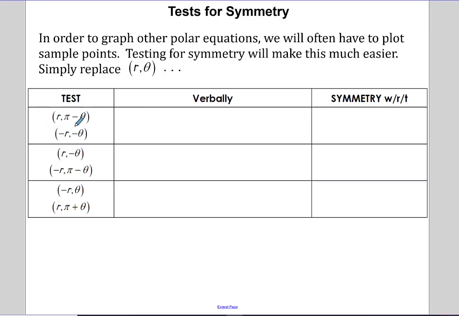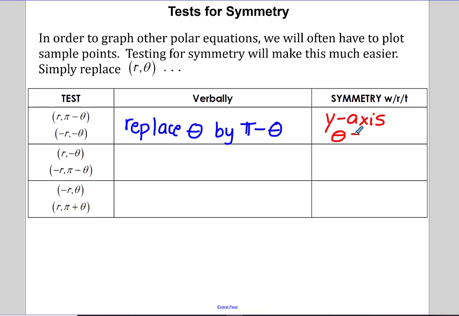Now, the test for symmetry: if you replace theta by theta minus pi, then the symmetry would be y-axis symmetry. You can also say that as it's symmetric about pi over 2. For the second test, if we replace theta with the opposite of theta, then we would have x-axis symmetry.